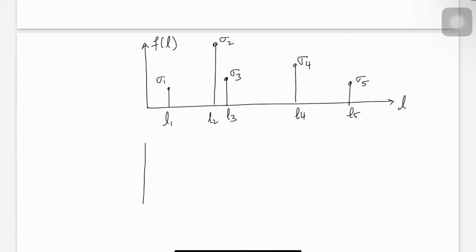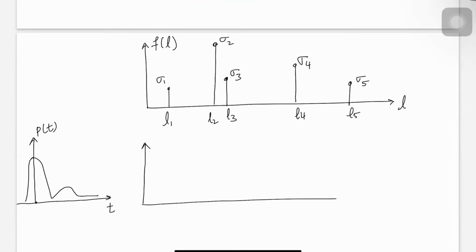Okay. And if I transmit, let's say, a pulse that looks something like this, maybe similar to what we had earlier. This is time. And if I draw, let's say some time t, for each of them, I would get one responding pulse.